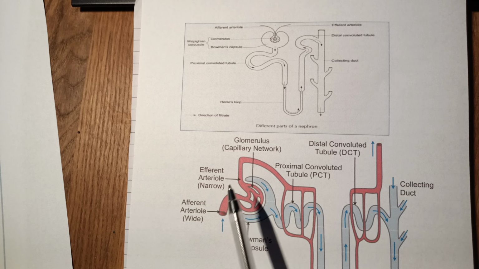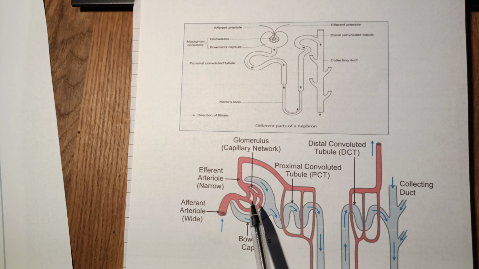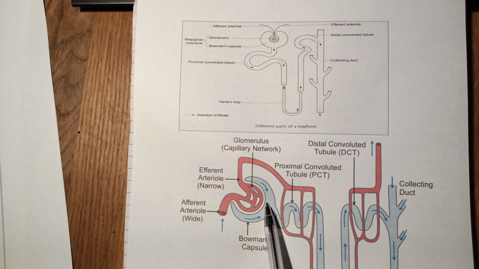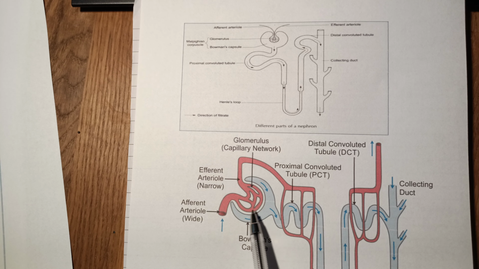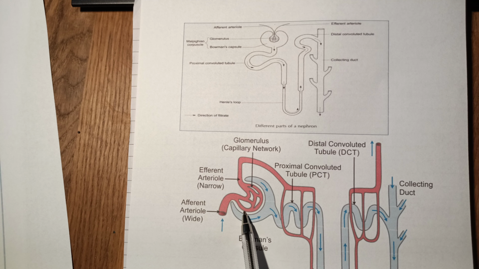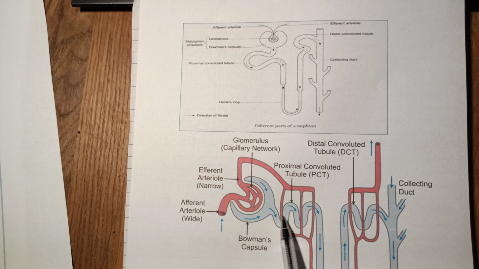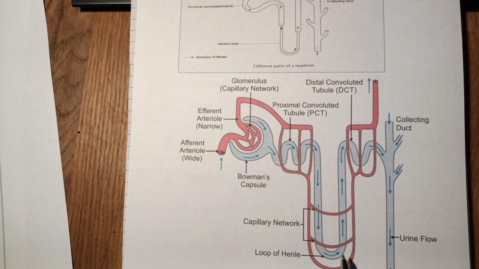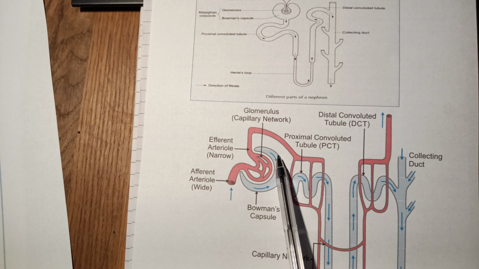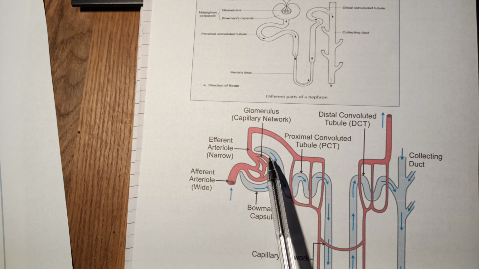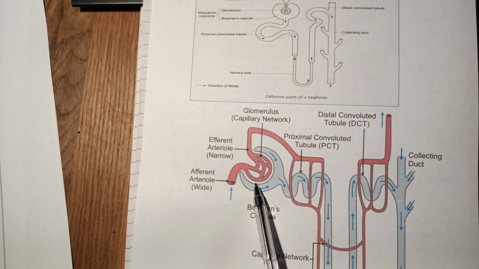That pressure pushes the excess water into this cup like end of this big tubule. So this is a renal tubule, nephron, and the cup like structure here is called Bowman's capsule.